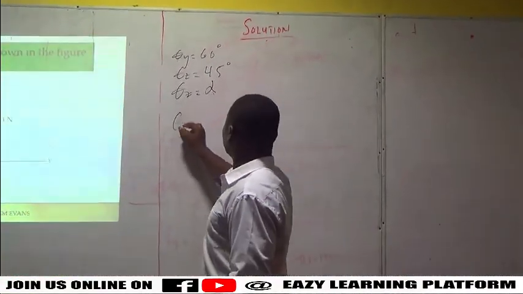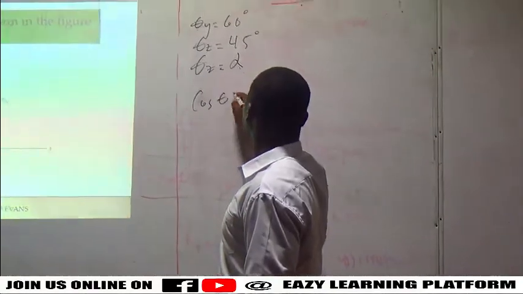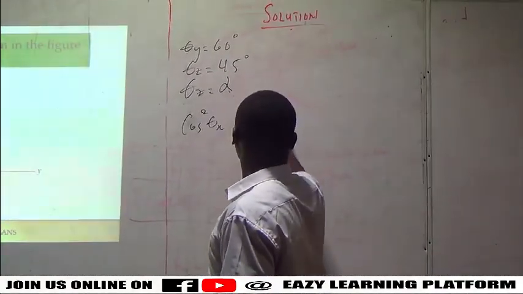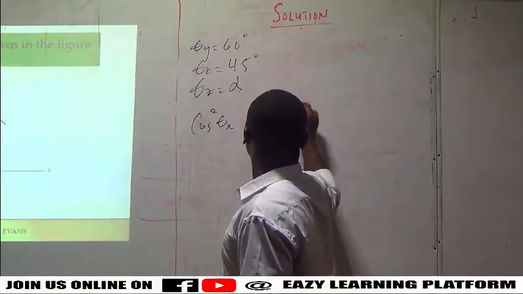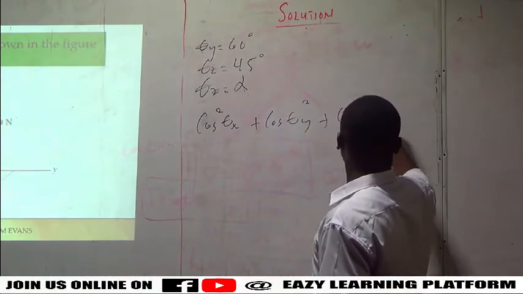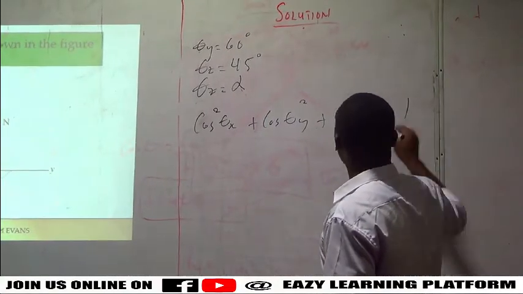We know that cos square theta x plus cos square theta y plus cos square theta z equals 1.